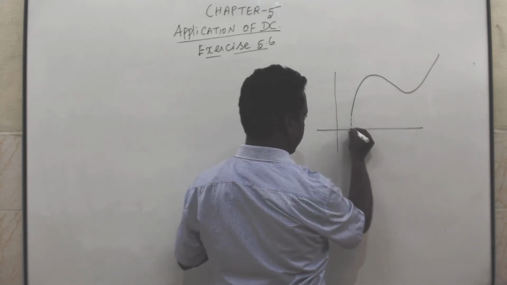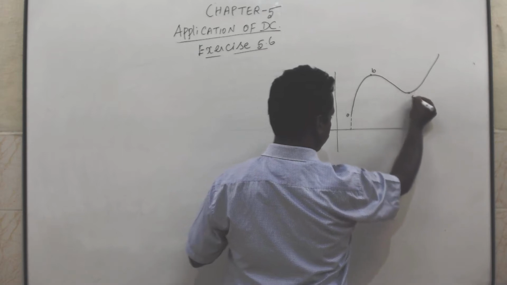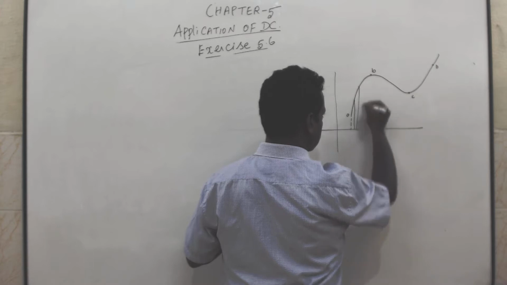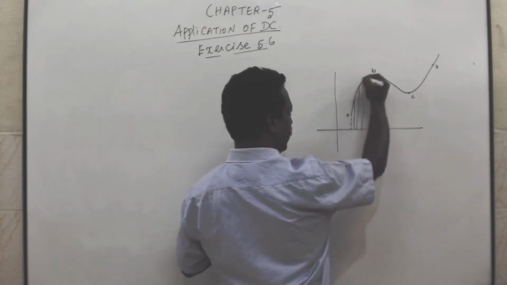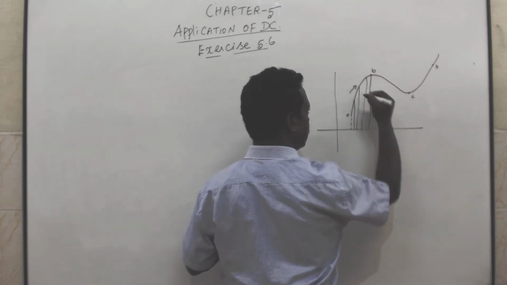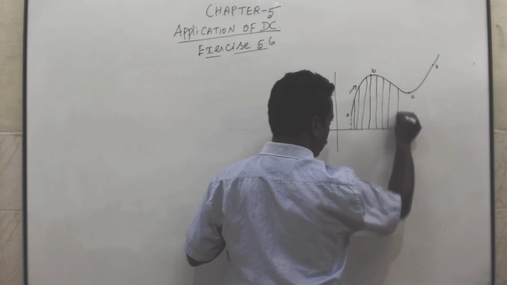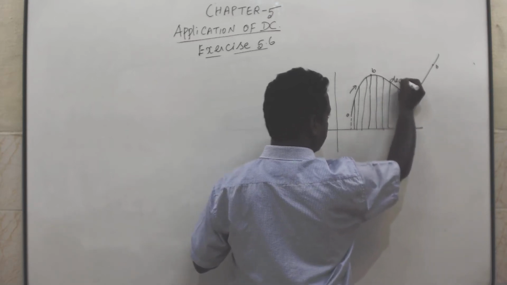This is the interval, a, b, c, d. Now here the values are increasing. So from a to b, f of x is increasing, from b to c the value decreases, so b to c is decreasing.